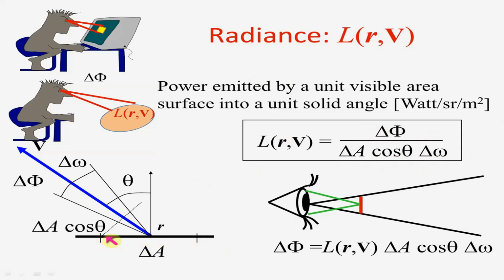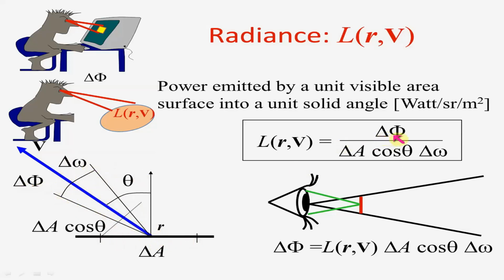We consider a small surface area, delta A, and a small solid angle, delta omega, of radiation. This small surface area radiates delta phi power into this small solid angle.